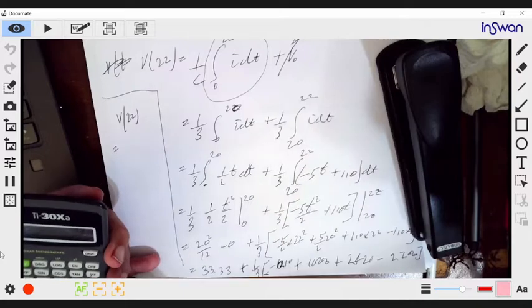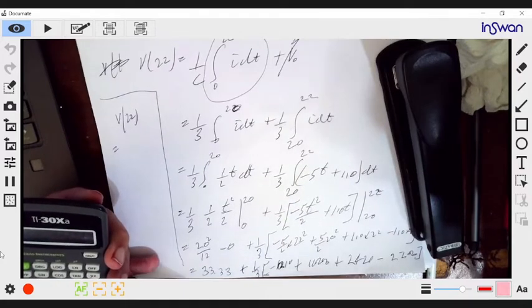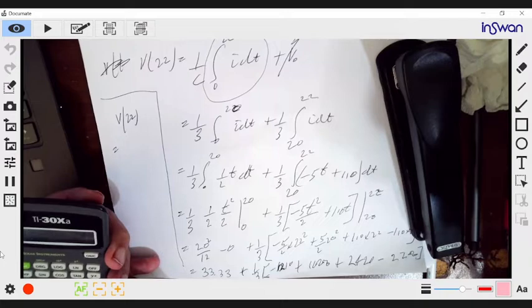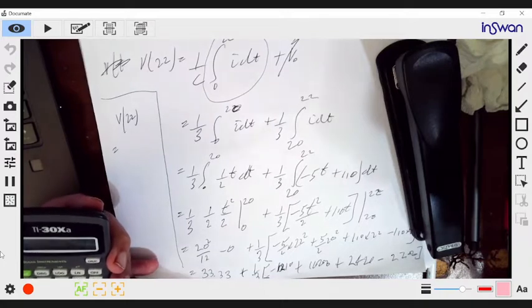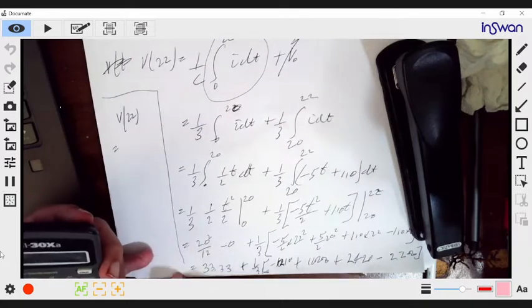Hey, I'm still calculating this. I hope you all calculated it well. I got 36.66. And that's exactly what we got, didn't we?